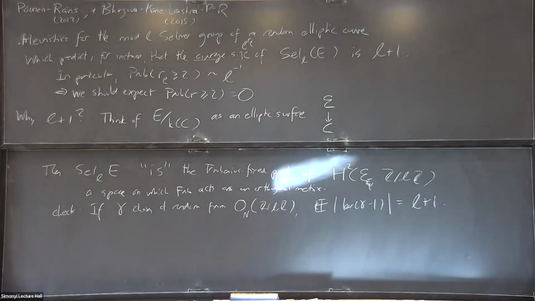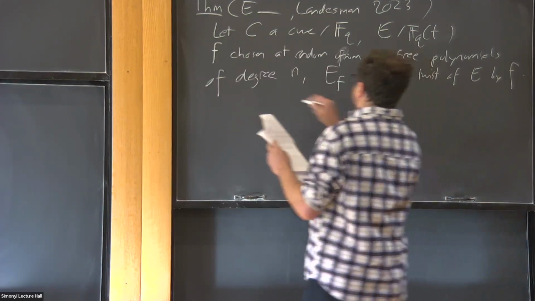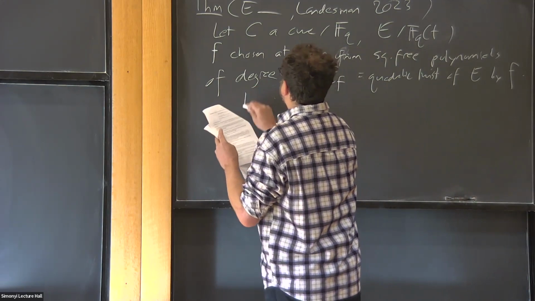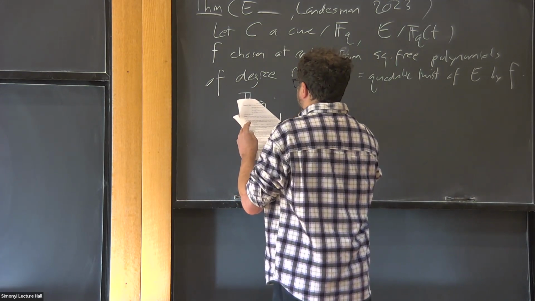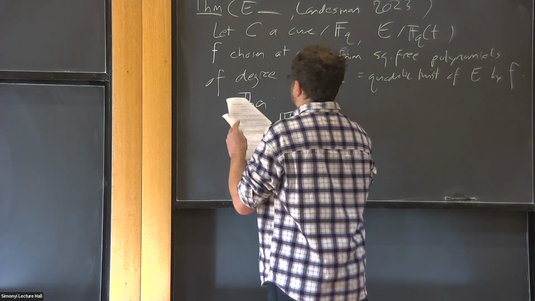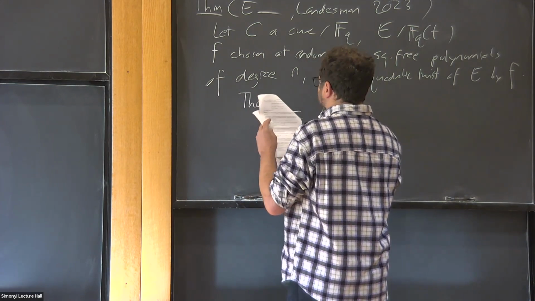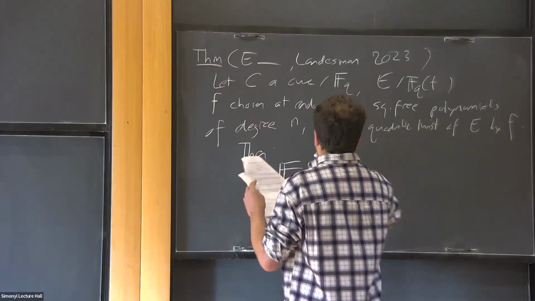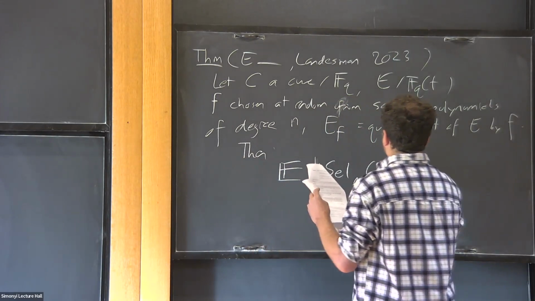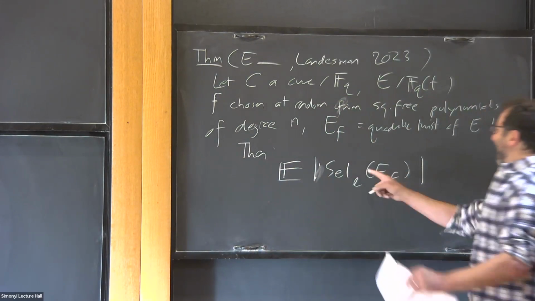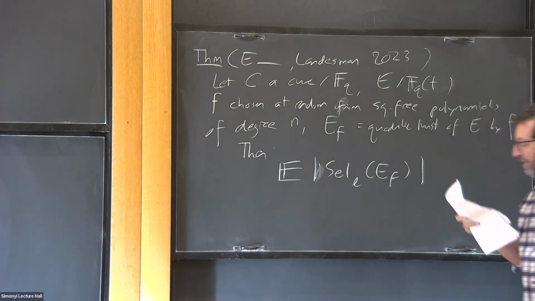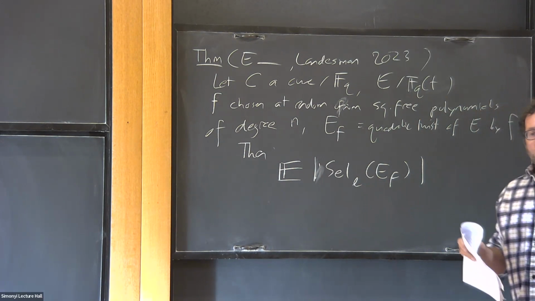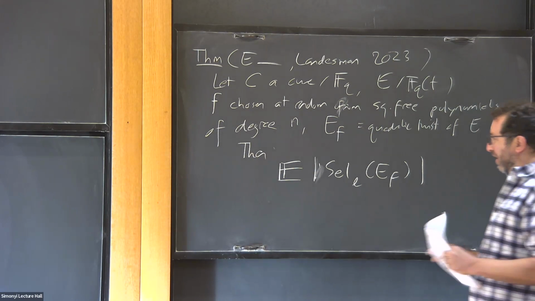And then what we'll show is that the expected value of the size of the L-Selmer group of E twisted by F, so now I have a random variable, so it has an expectation, this is what I want to be L plus 1. And we don't quite prove that, but we prove something close.